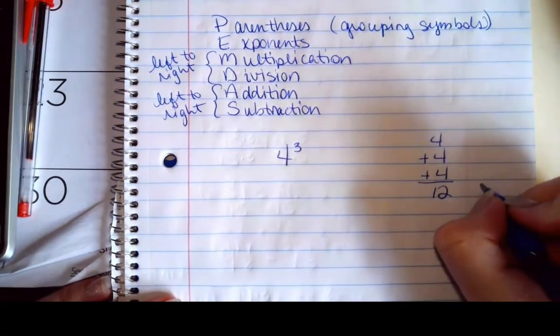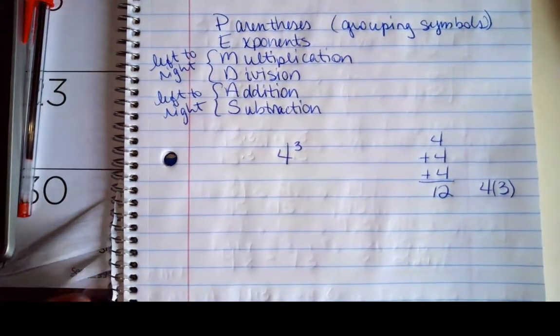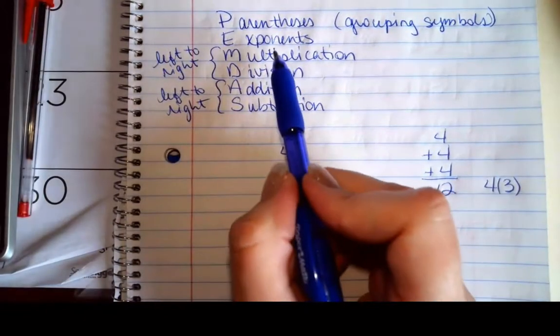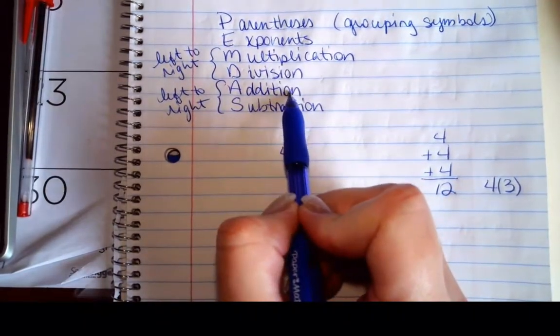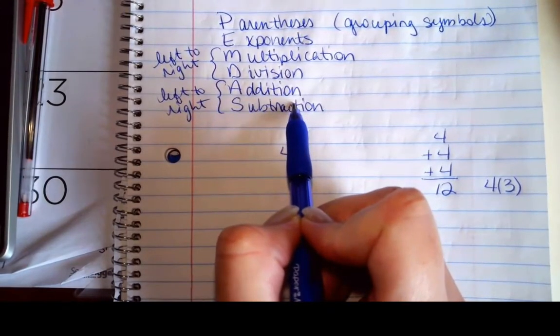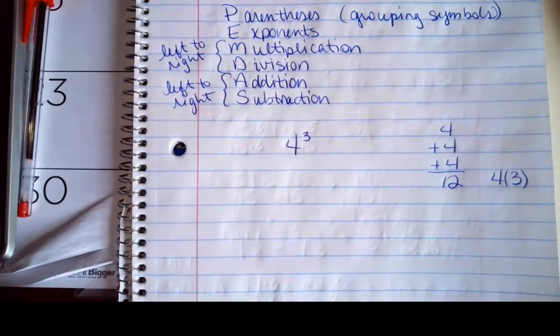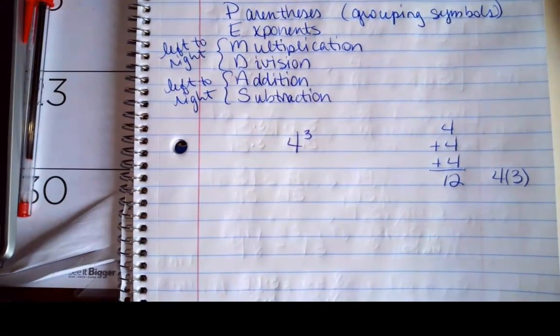Or I could say I had 4 added to itself 3 times, and that's 12. So multiplication is a shortcut for repeated addition. Division is a shortcut for repeated subtraction. Exponents are shortcuts for repeated multiplication.